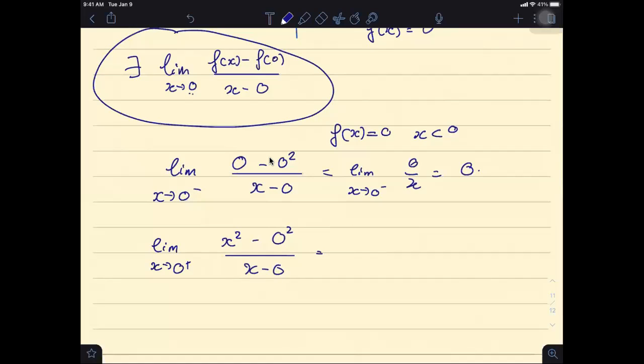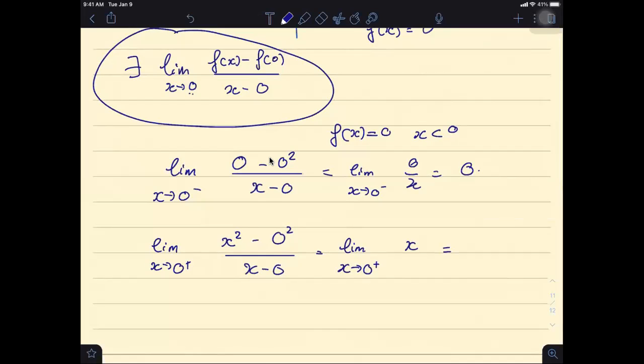Then this one gonna become the limit as x approaches from the right, and this one becomes x, right? x squared over x is just x.